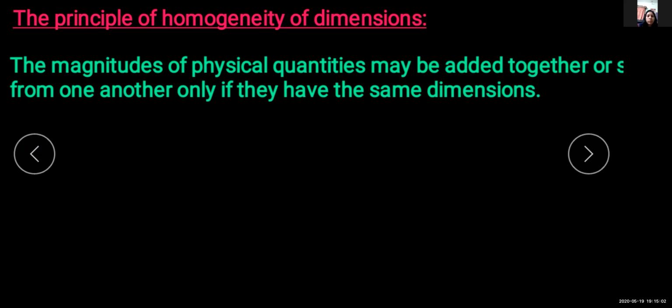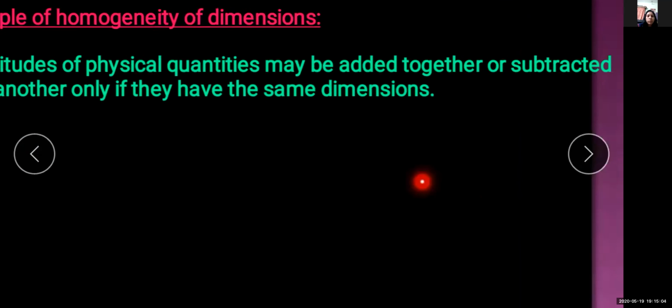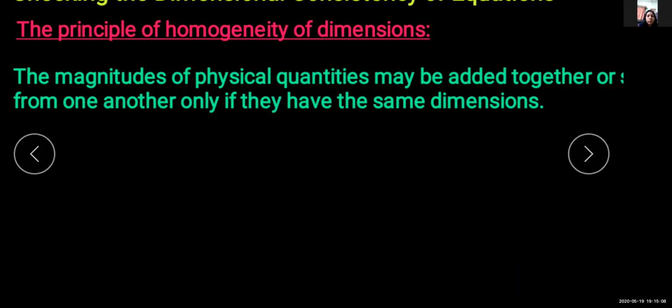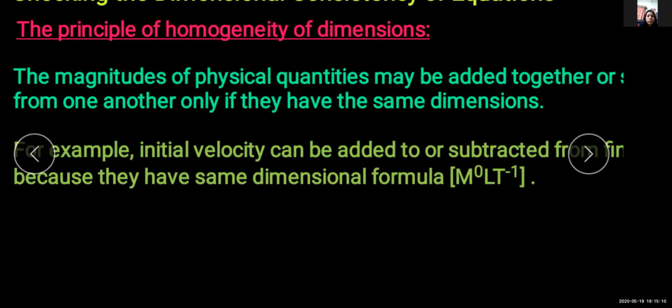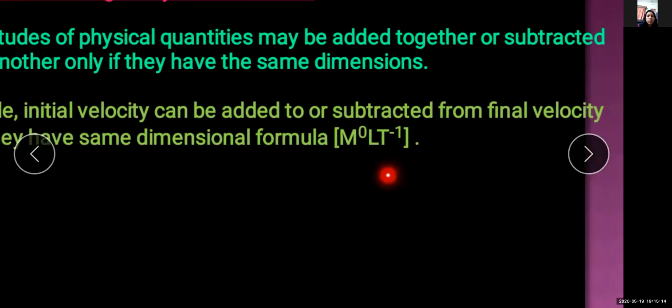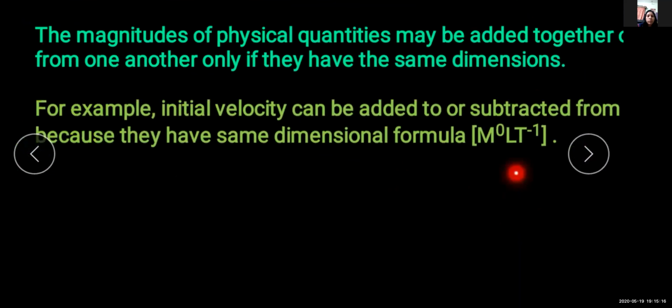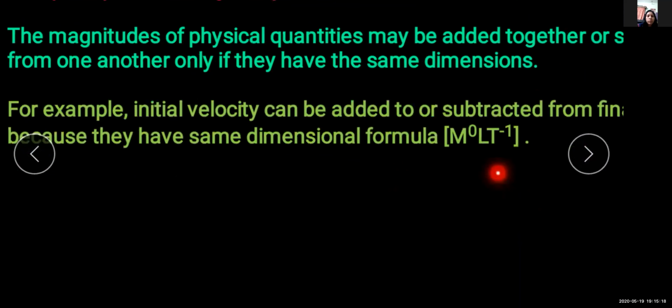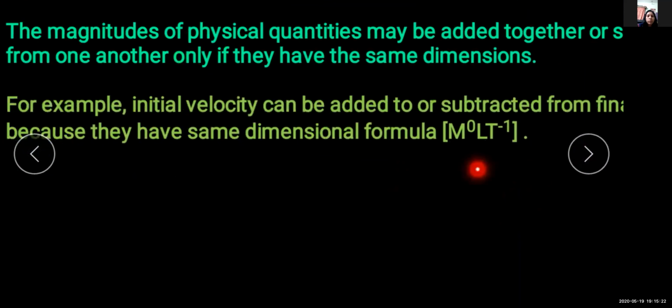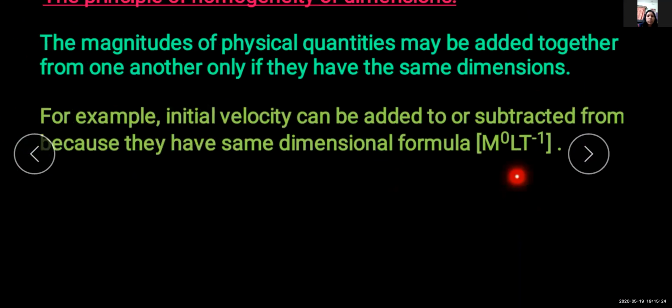For example, initial velocity can be added to or subtracted from final velocity because they have the same dimension formula, M^0 L T^-1. I hope this point is clear to you.